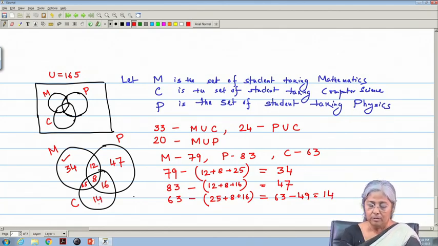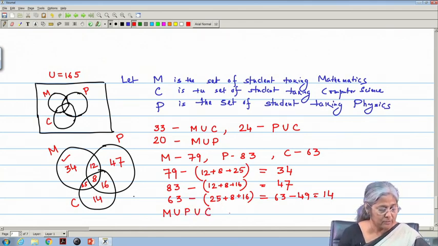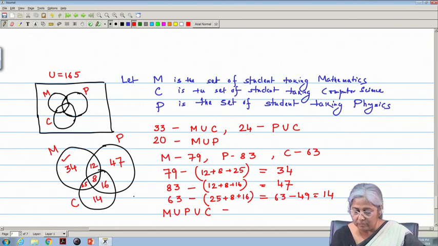Now, the union of the sets of mathematics, physics and computer science students, if I take them together, will be 156 students.